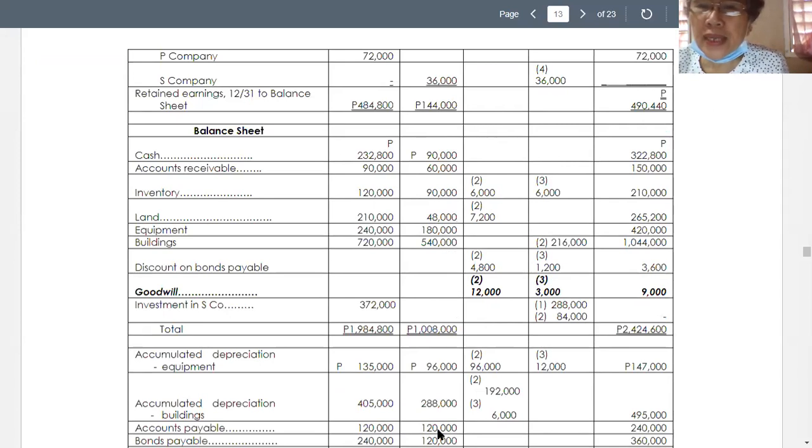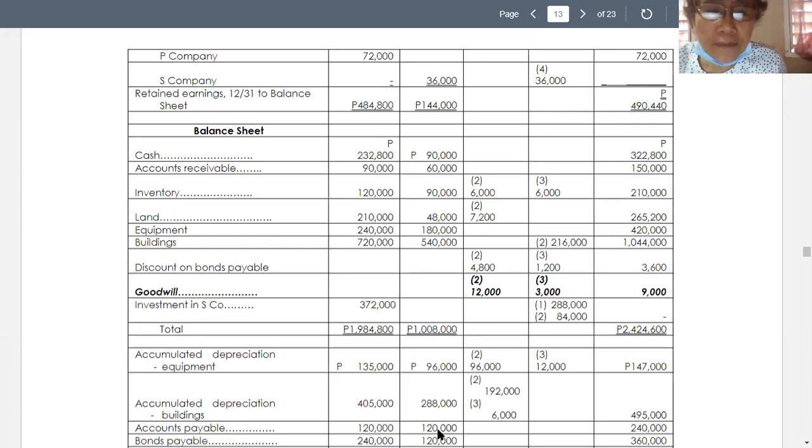Goodwill is a balance of 9,000, and we also extended that in our worksheet in number 2. So for the totals, actually, this will not coincide with our totals in the worksheet in number 2 because this equipment and buildings are shown at gross amounts.